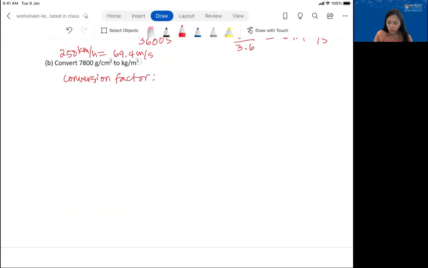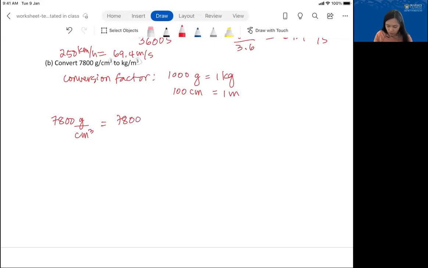You want to convert grams to kilograms, and 1,000 grams is equal to 1 kilogram. Okay, and you want to convert centimeters to meters, 100 centimeters in 1 meter. Right? And then once you have your conversion factors, you go 7,800 grams per cubic centimeter.